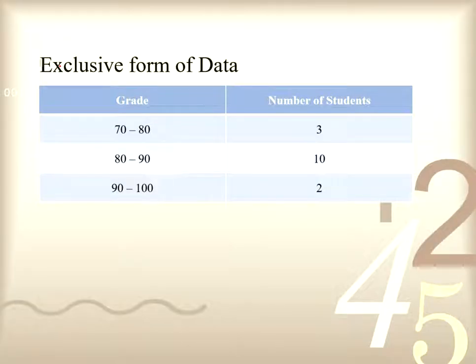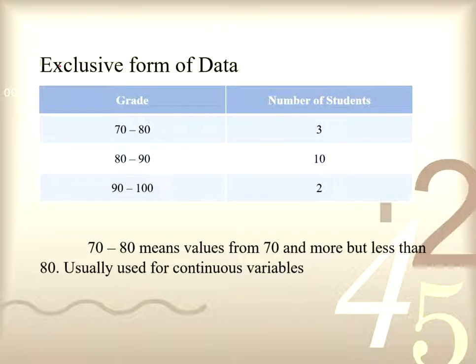Okay, so ito na tayo sa exclusive and inclusive form of data. So pag exclusive form of data, check nyo ang ating class limits or class size, 70 to 80. So 70 to 80 means values from 70 and more or less than 80. 70 and more, so ibig sabihin 71, 72, but is less than 80.